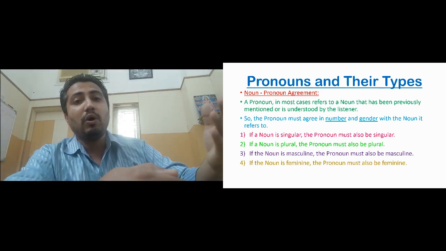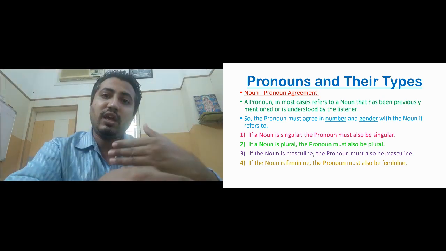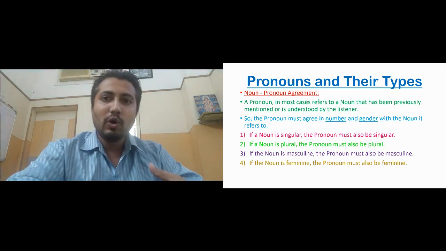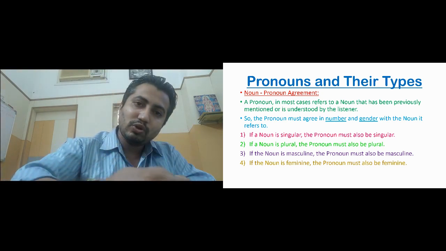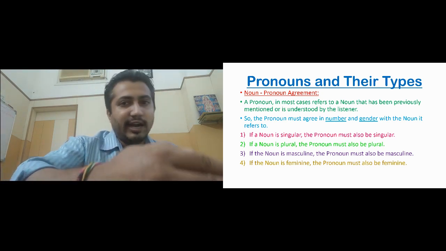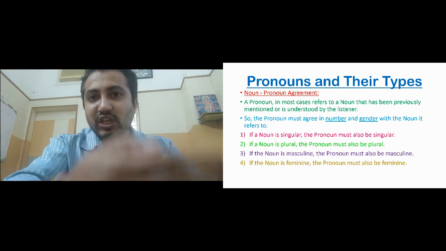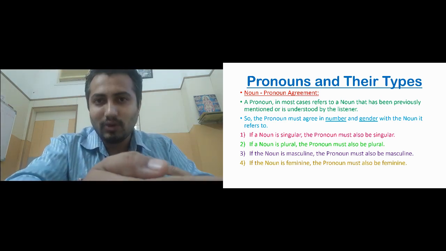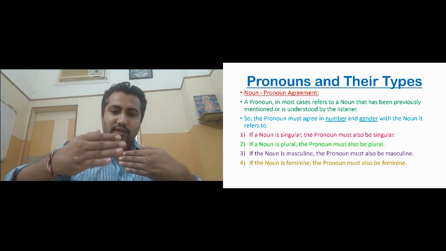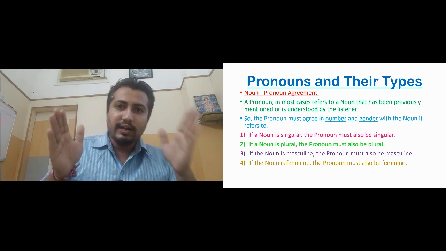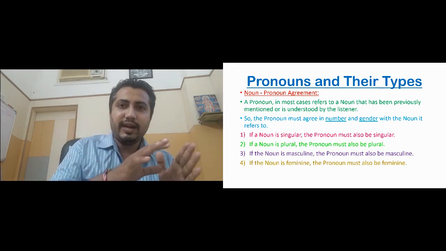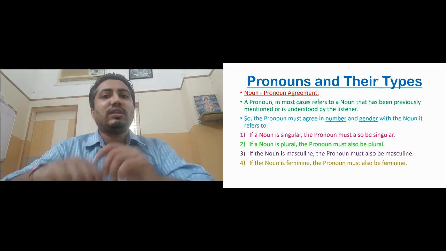If I am talking about Nandini, third person singular, a girl, the pronoun should also be third person singular and feminine gender: she, her, hers. So the main idea is the pronoun and the noun to which it is related should be in agreement with each other.